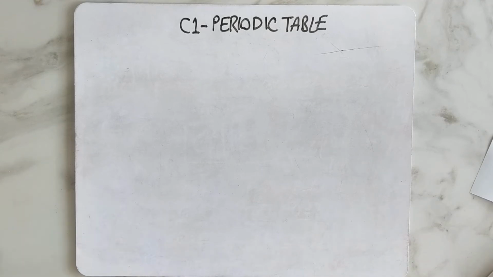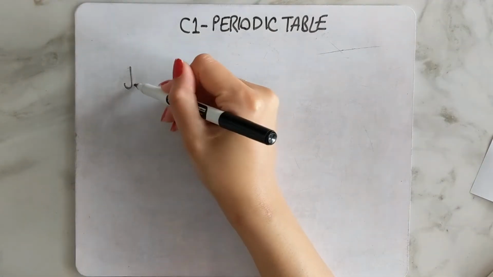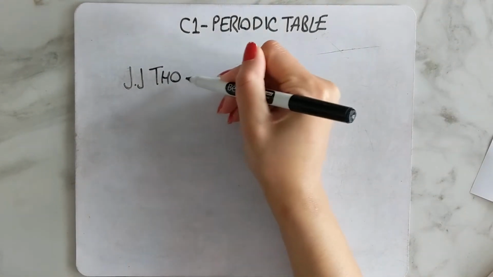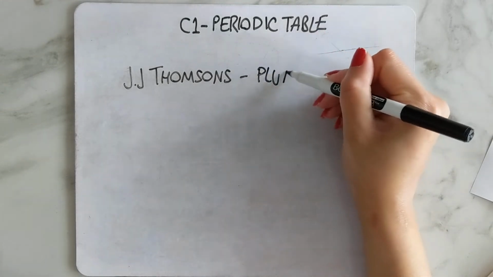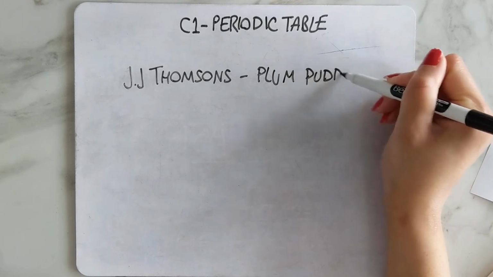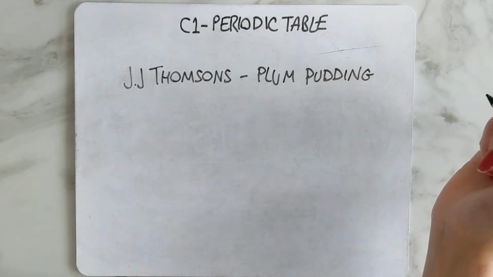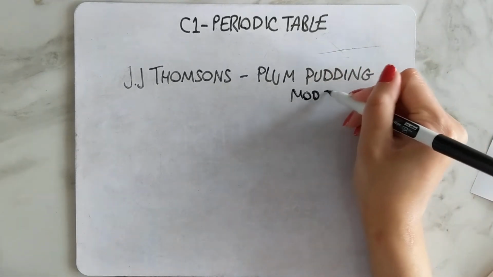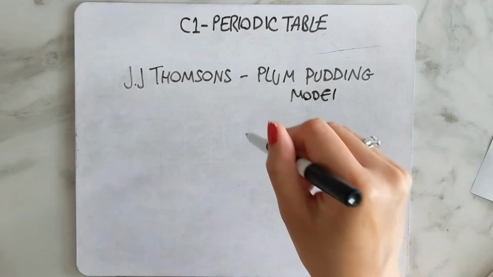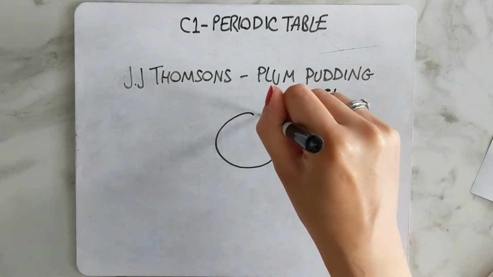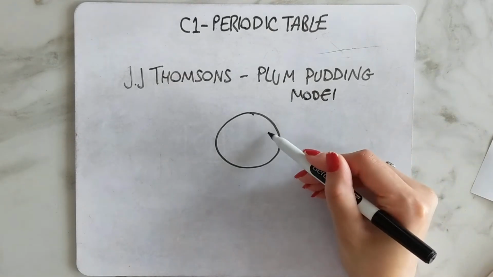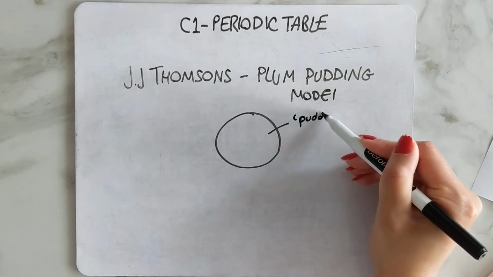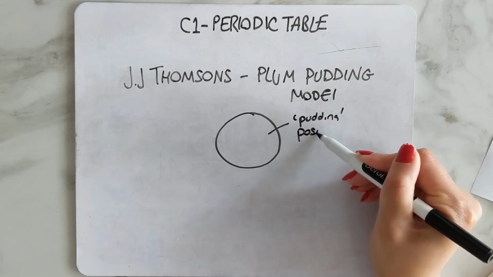So there's just certain models that you need to know of, and the first one is J.J. Thomson's model. So you might have heard of this. It's called the plum pudding model. So what J.J. Thomson said was that the atom was a circular shape like that, and this pudding was positively charged.